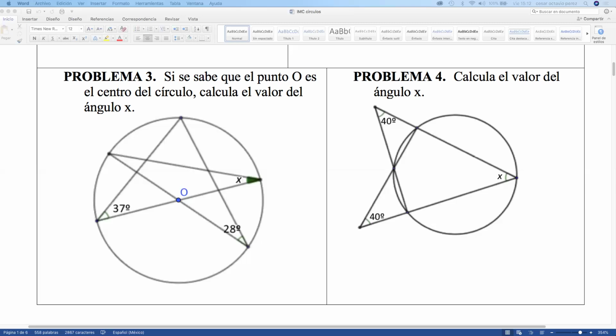50 degrees. Let me see. How do you solve it? What do you do?